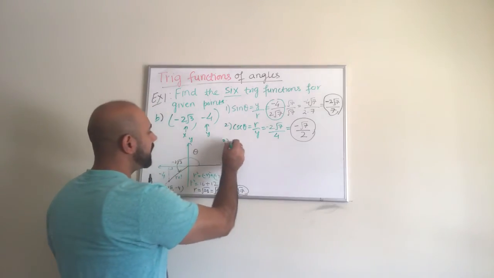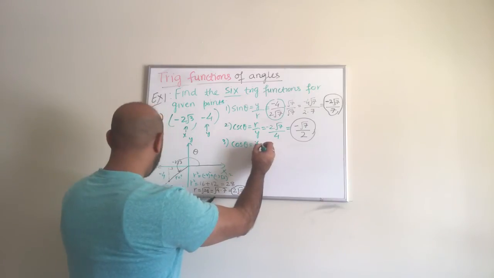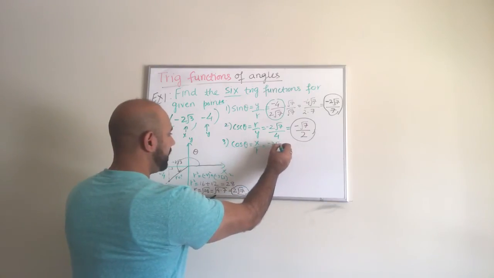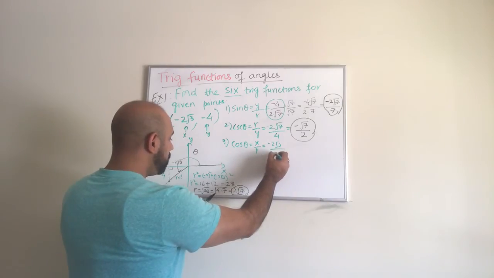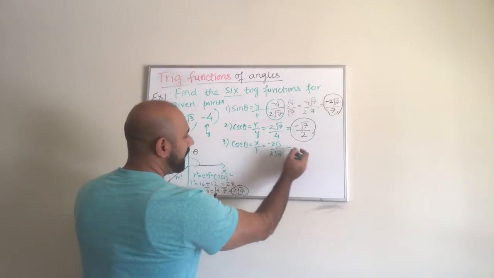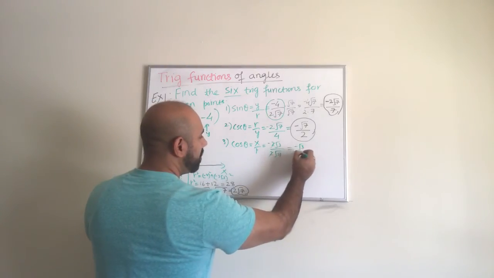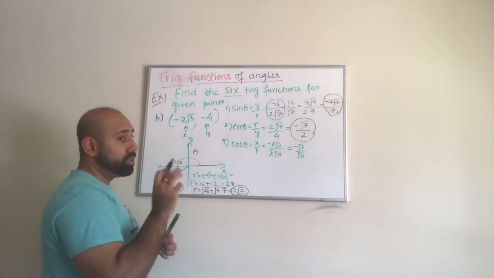Let us move on to the cosine. The cosine of theta is x over r. What is x? X is -2 radical 3. And then here I have 2 radical 7. So the good thing is that the 2's will cross out, so it is just negative radical 3 over radical 7, but we still have to rationalize the denominator, not the numerator.